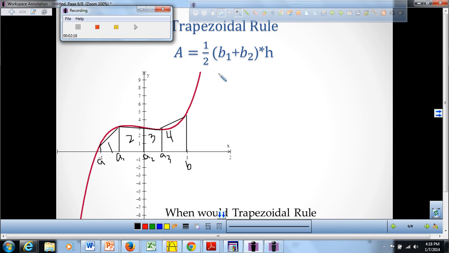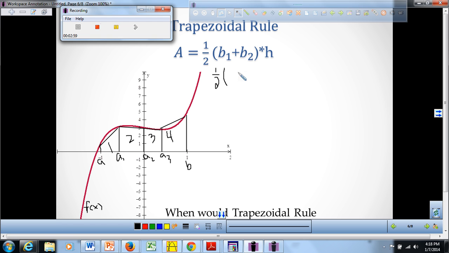So let's begin with the first one. So we will have 1/2 B1 plus B2. Well, B1 is going to be the height of my function, which I will call f of x. I'll label that down here. Okay.